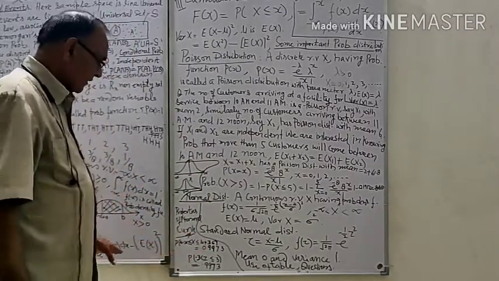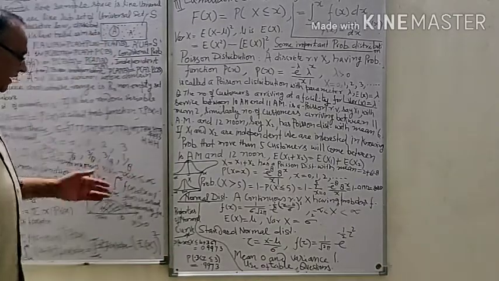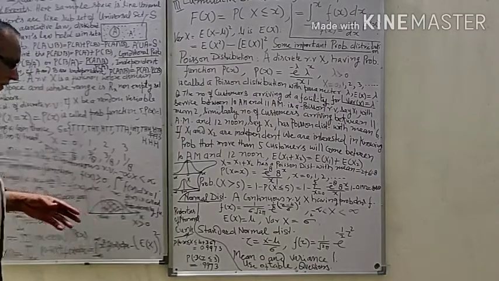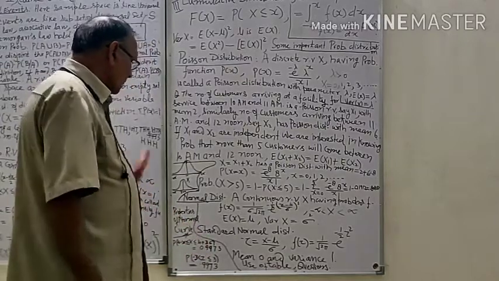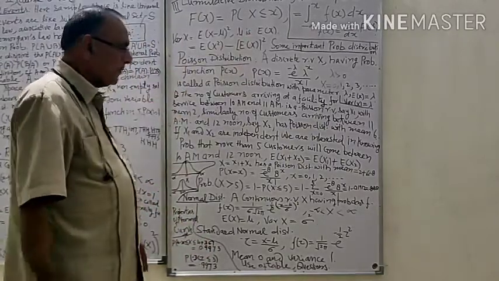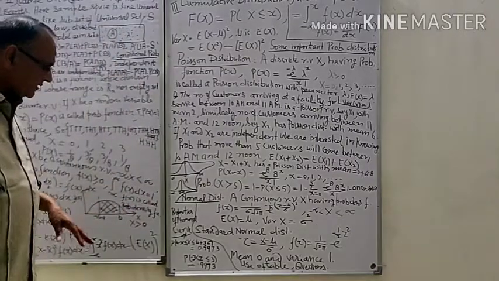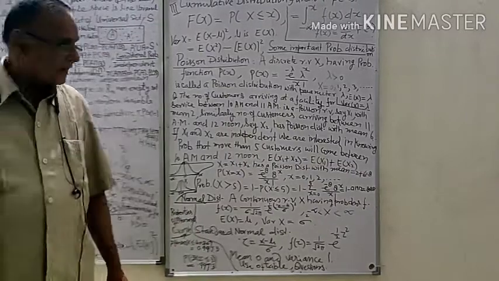So a statistical table has been made to find the probability for the standard normal curve between minus 3 and plus 3. We don't have to go from minus infinity to plus infinity, as more than 99% of the values of the variate lie between minus 3 and plus 3.